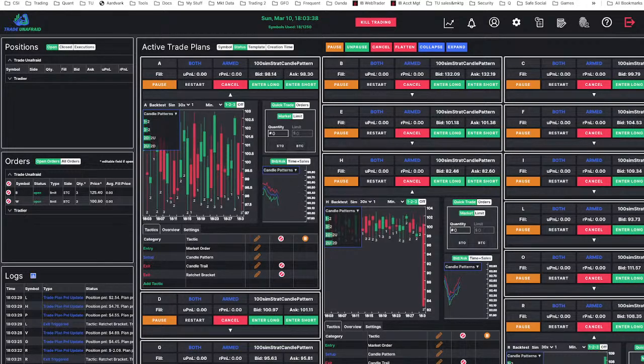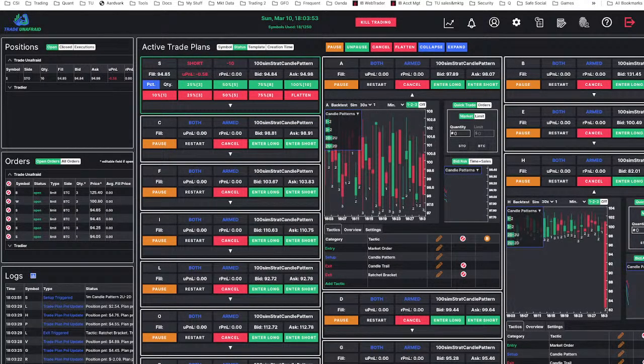So you get to enter the option based on the price of the stock, it's very easy to do, and you get to specify which option you're going to trade, and that's dynamic.